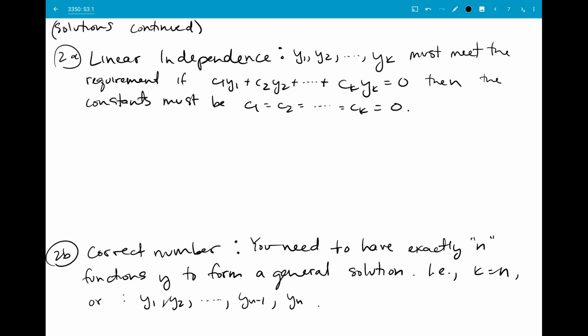And right now I'm going to write an easier way to check this first special property because this definition of linear independence isn't really easy to work with in practice. The easier way to check is to make sure that something called the Wronskian is non-zero.